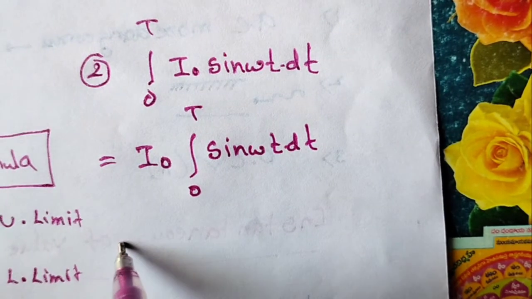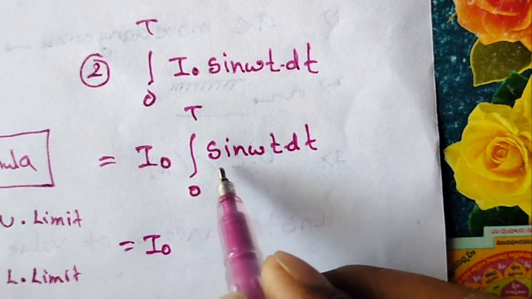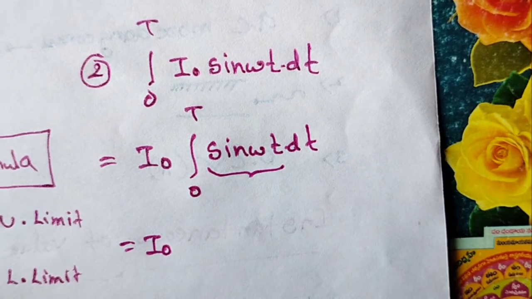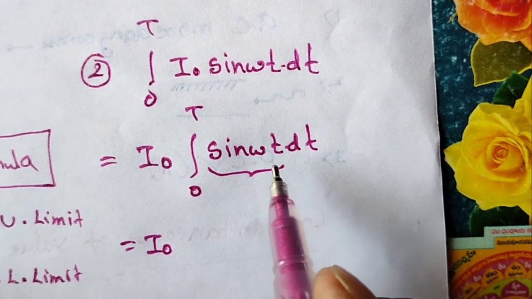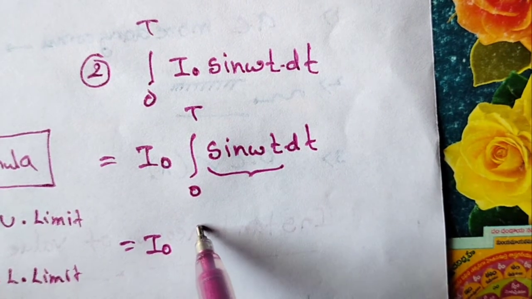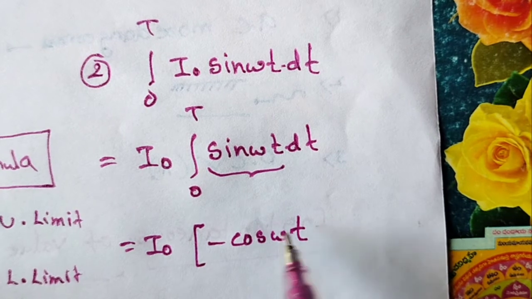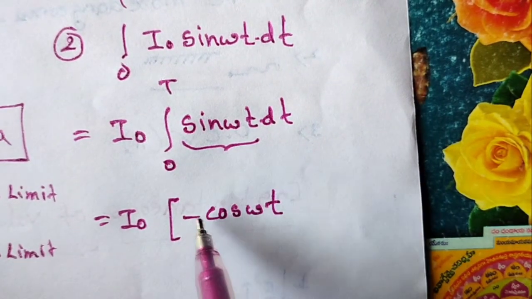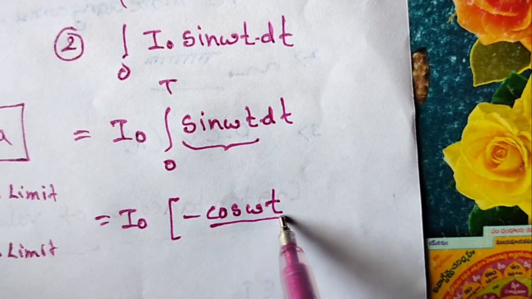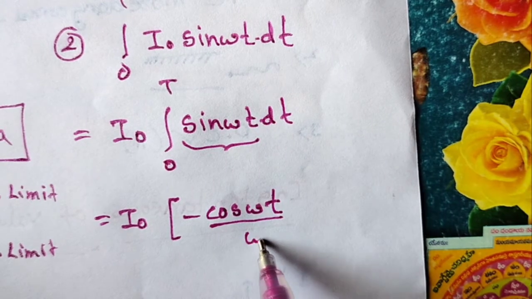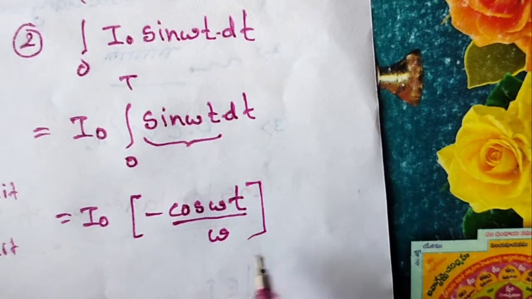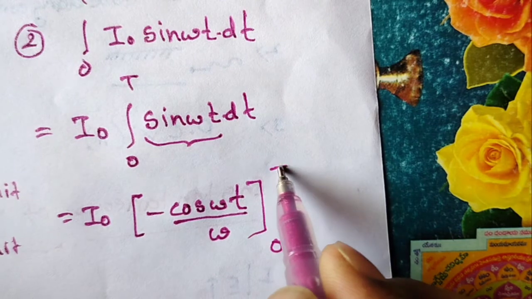We know that formula. Integral of sin omega t is minus cos omega t, divided by omega, with limits 0 to capital T.